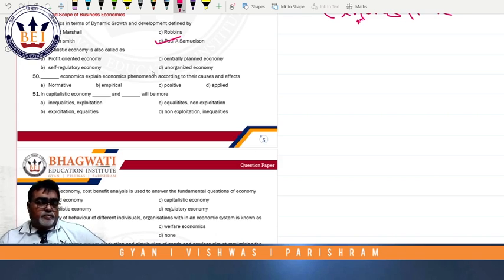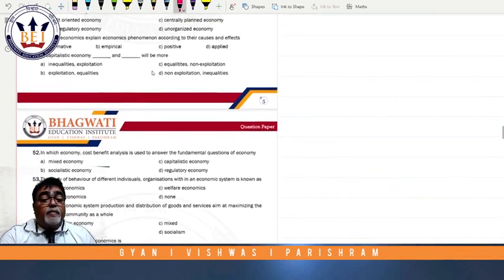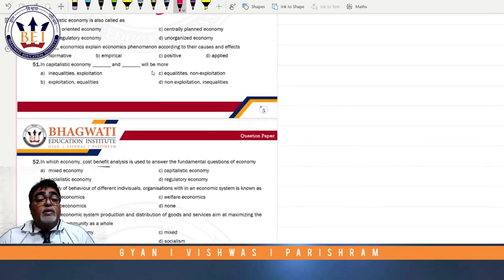Socialist means centrally owned. And mixed economy means a combination of capitalist and socialist. So obviously socialist economy means their objective is welfare maximization. The answer of 49 should be centrally planned economy.